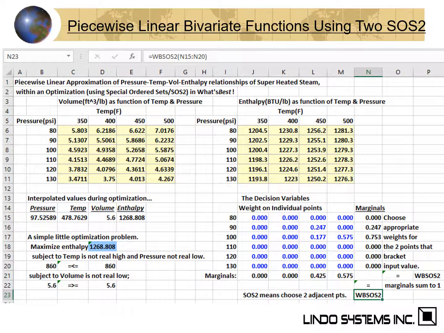You have to model the behavior of steam if you want to use it efficiently. And so there are these things called steam tables, which are very common if you're in a refinery, say.